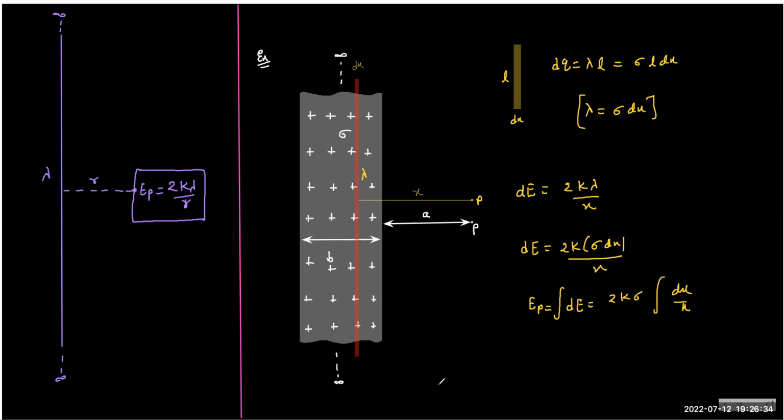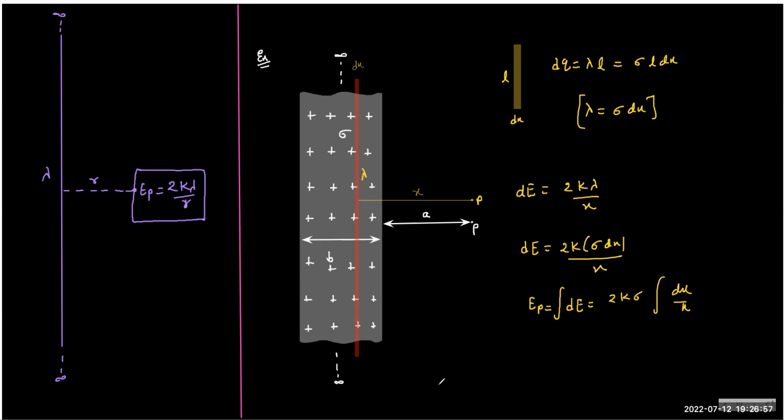Distance from point P. Distance of what? Distance of the sheet. What is x representing?